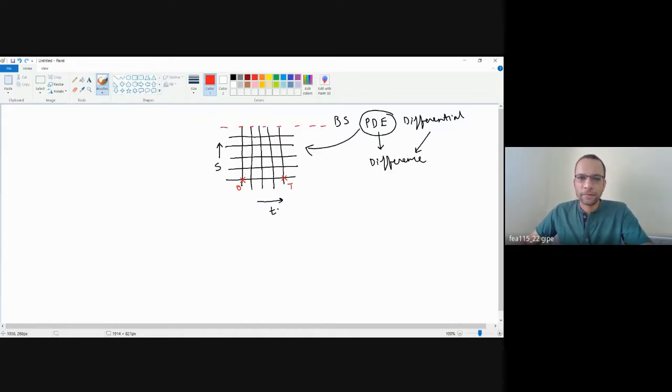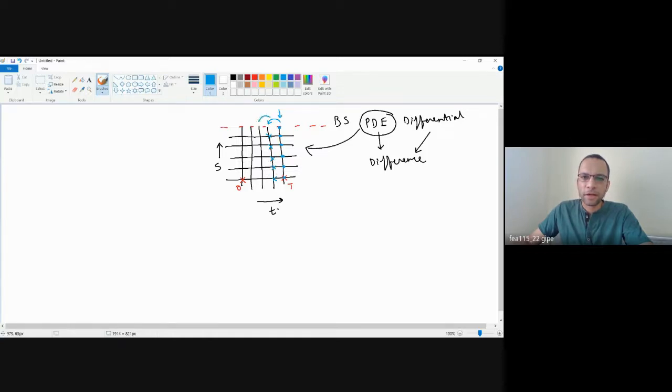And I'm going to work on each of these nodes. So I start with my terminal nodes, and then I keep stepping back in time. So I start from here, I work on valuing the option at all of these nodes. Then I come back and fill up this second rung of nodes.